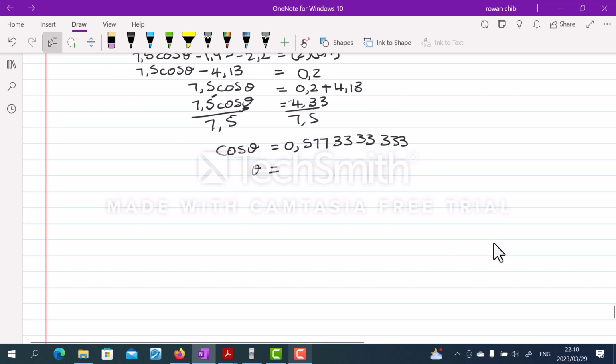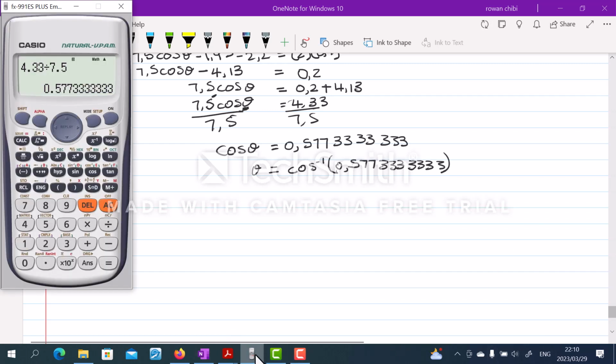So then cos of theta is equal to this value, 0.577333333, all of that. So use second function cos, second function cos of 0.577 and all your threes.